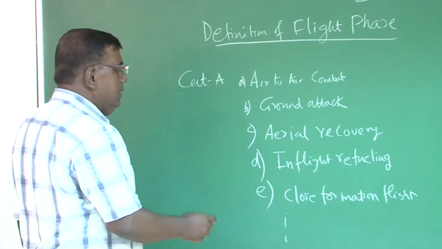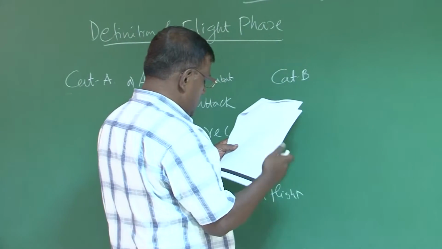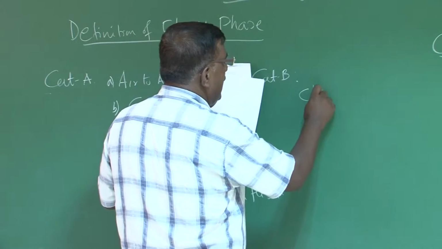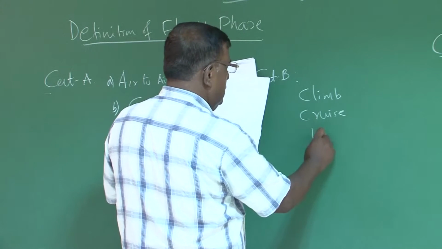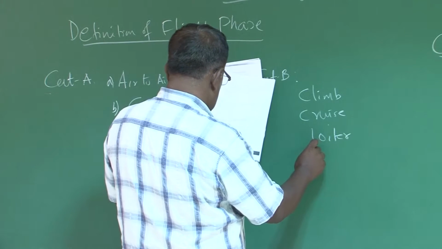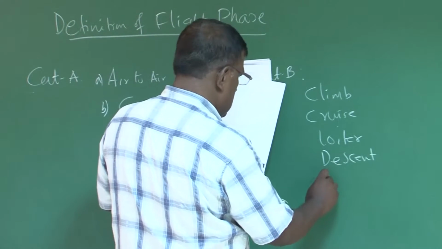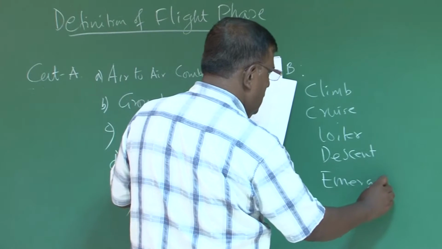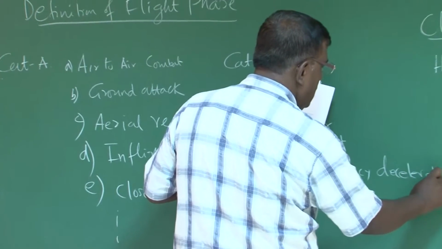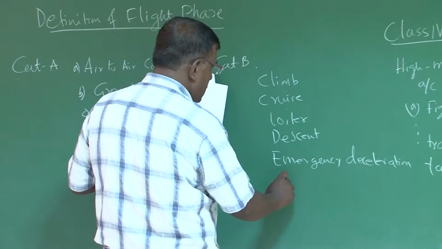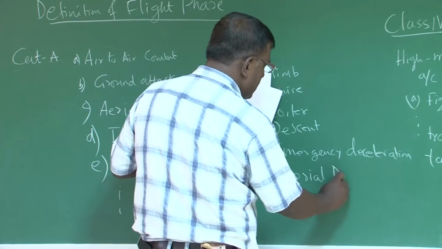We also have category B, and in that we will have climb, cruise, loiter, descent, emergency deceleration, and aerial delivery.